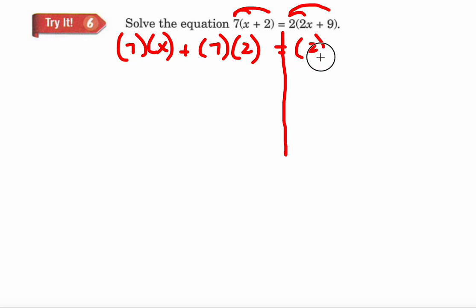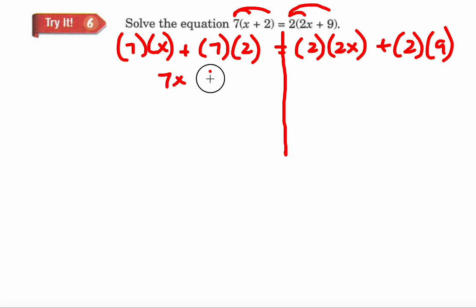Right-hand side is 2 times 2x plus 2 times 9, because everybody needs to multiply by 2. 7 times x is 7x, 7 times 2 is 14, 2 times 2x is 4x, 2 times 9 is 18.